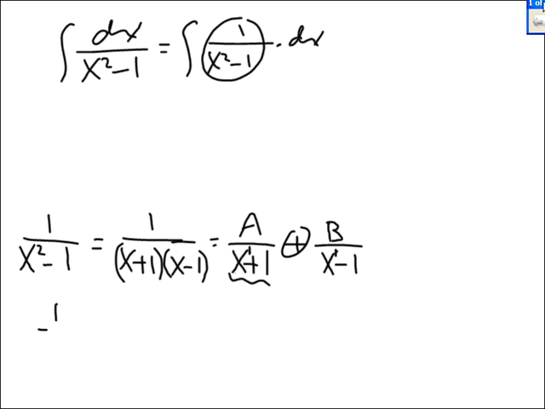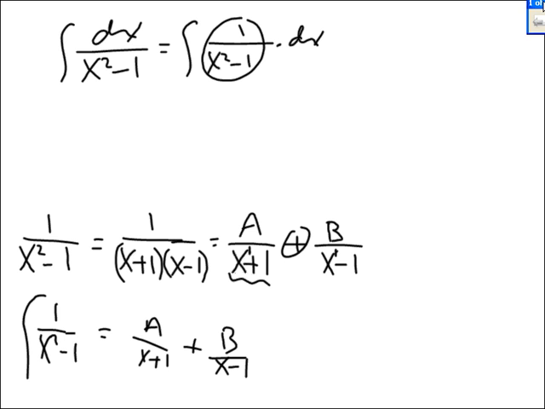so I have 1 over x squared minus 1, and this is a over x plus 1 plus b over x minus 1. I want to motivate what I'm doing before I continue. If I integrate the left side dx, then I have to integrate the right side dx. But when you have a sum, you can integrate separately. But then the right side is easy to integrate. You can pull a constant out in front.